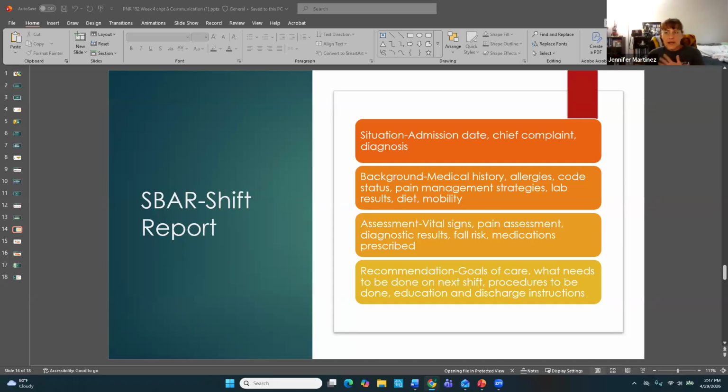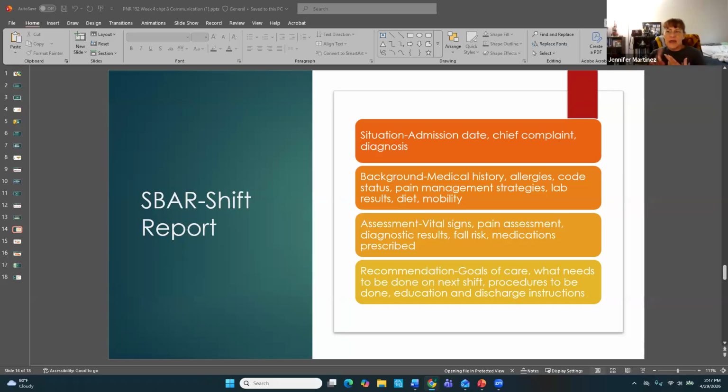Plain and simple, right? When they were admitted, why they were admitted, and then the background information: all patient information that's relevant for care. So their history, their medications, their allergy status, their code status, other things like are they in isolation?